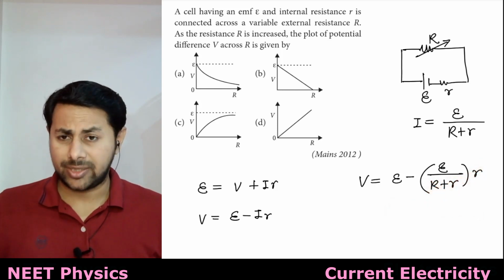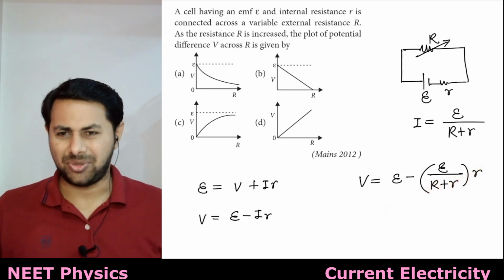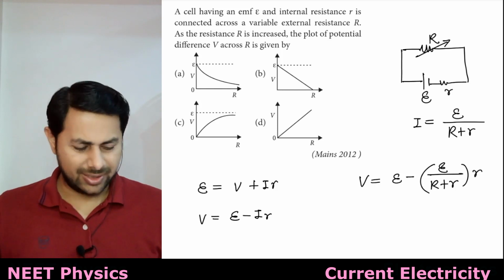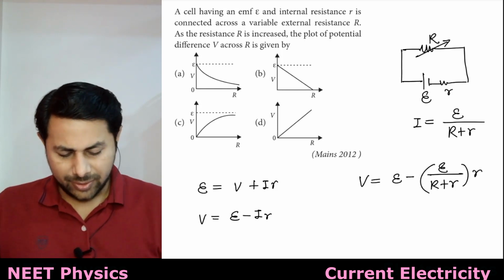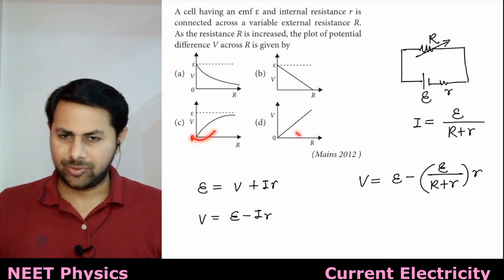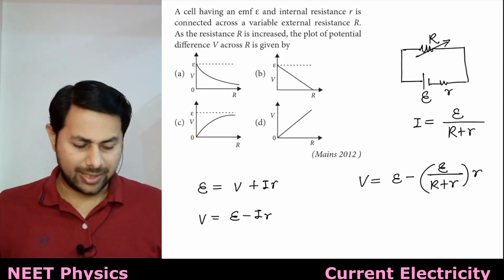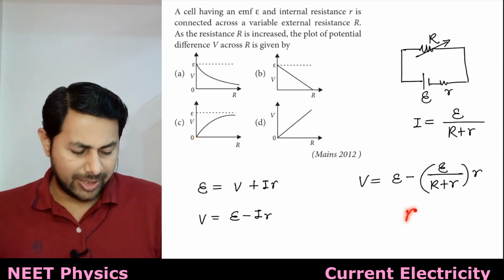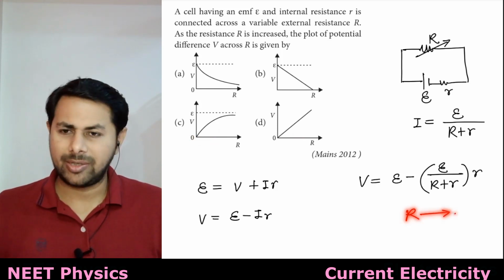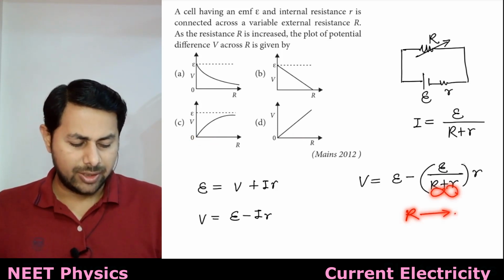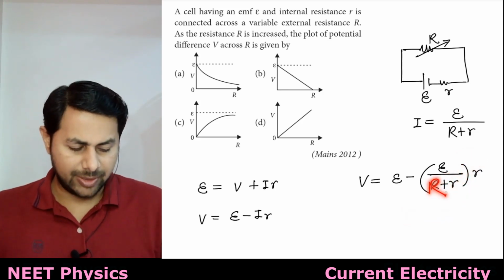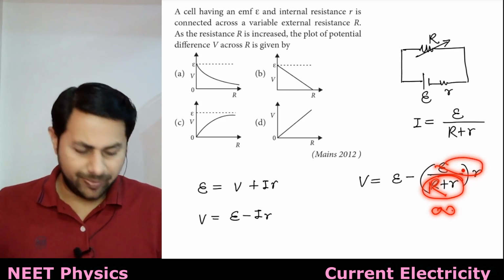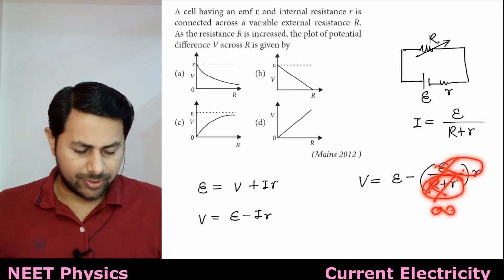That means the graph starts at 0, right? The graph starts at 0. So this one or this one should be the answer. But after that, when R becomes infinity, the second term will be equal to 0, right? When R is infinity, the denominator is infinity, so whatever the numerator is, this term will become 0.